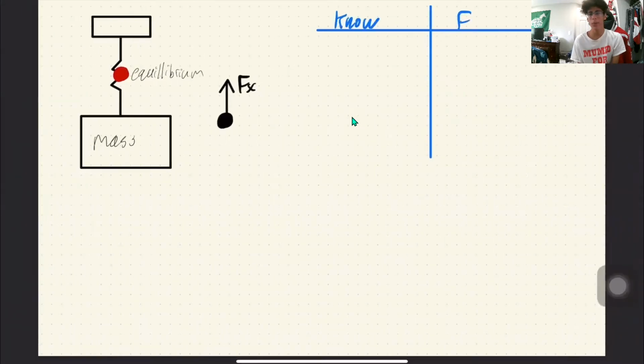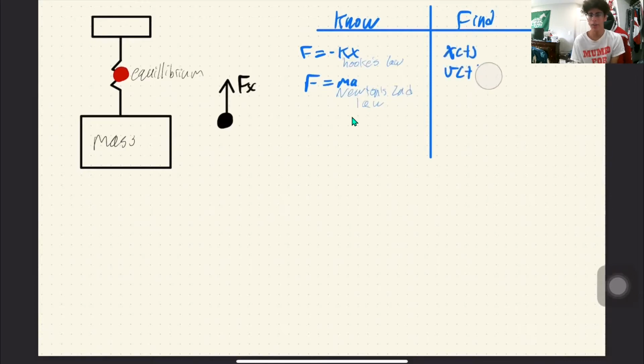And when I say I want to be more quantitative, that just means we want actual functional equations for our position, displacement, velocity, and acceleration at all times t. What we know to find that out is Hooke's law, which is that our spring force is negative kx, where k is some constant, and negative denotes that the direction of the force is opposite to the way that the displacement is going.